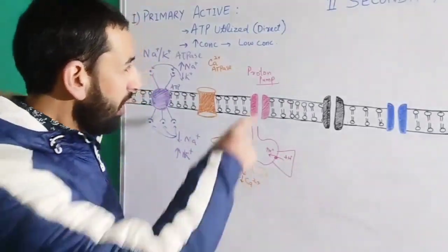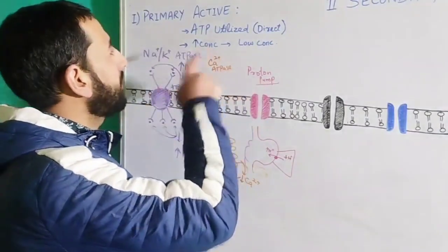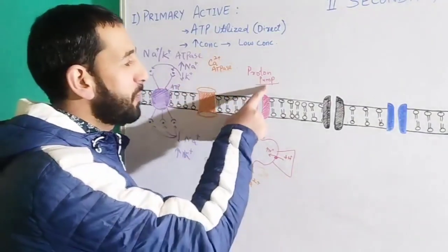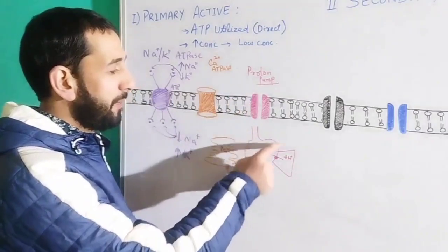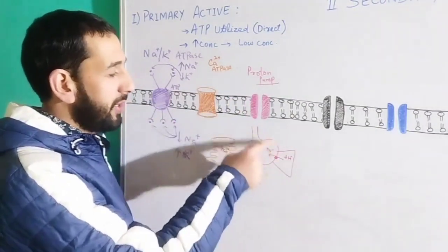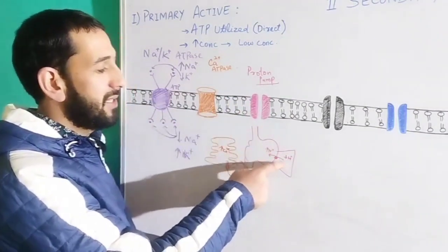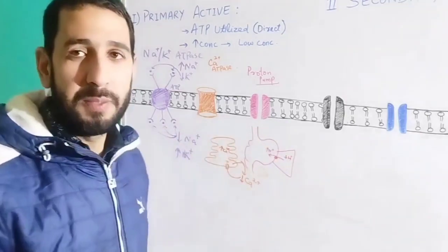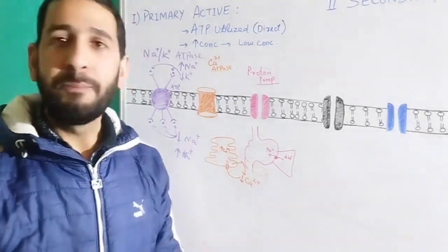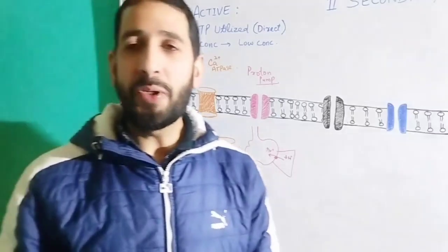Right. So we have the third example of the primary active transport, that is the proton pump, and it is most importantly in the stomach, on the luminal membrane of the parietal cell. So that is all about the primary active transport.